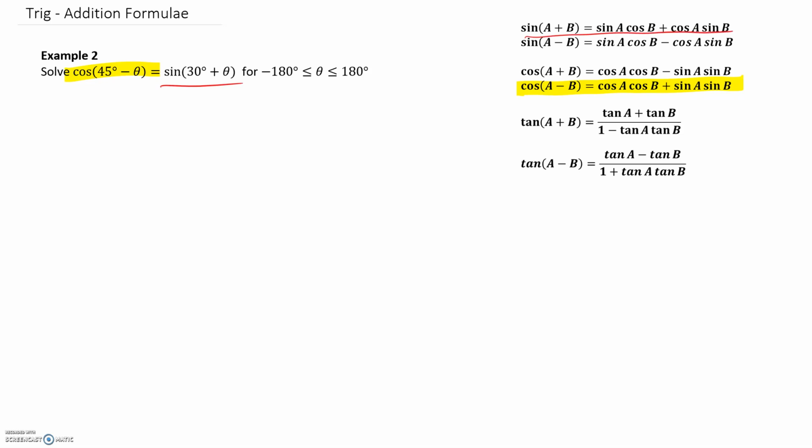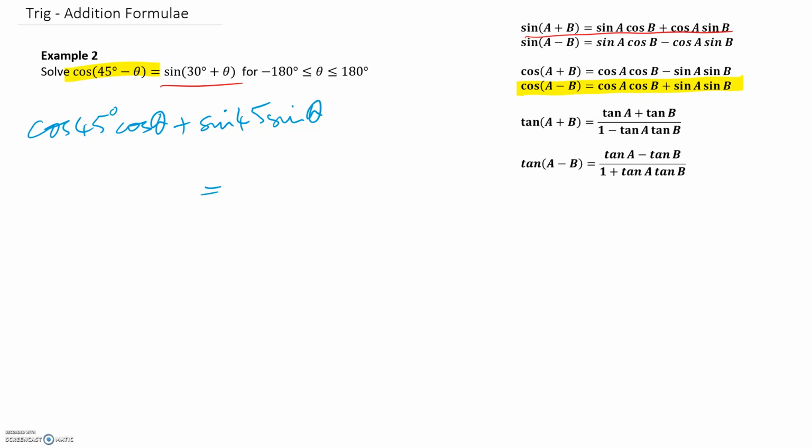So if we do that, put all the values into the addition formulae, the left hand side is going to be cos 45 degrees cos theta plus sine 45 sine theta, and the right hand side, I'm going to run out of space here actually, let's just move this down a bit.